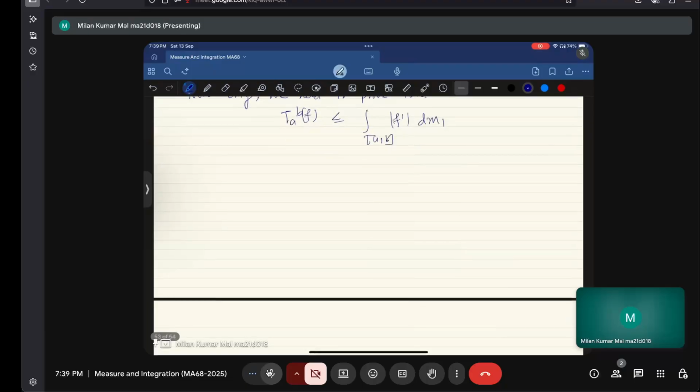Now for any partition x0 = a < x1 < ... < xn = b, the summation of i equals 1 to n of mod of f(xi) minus f(xi minus 1).